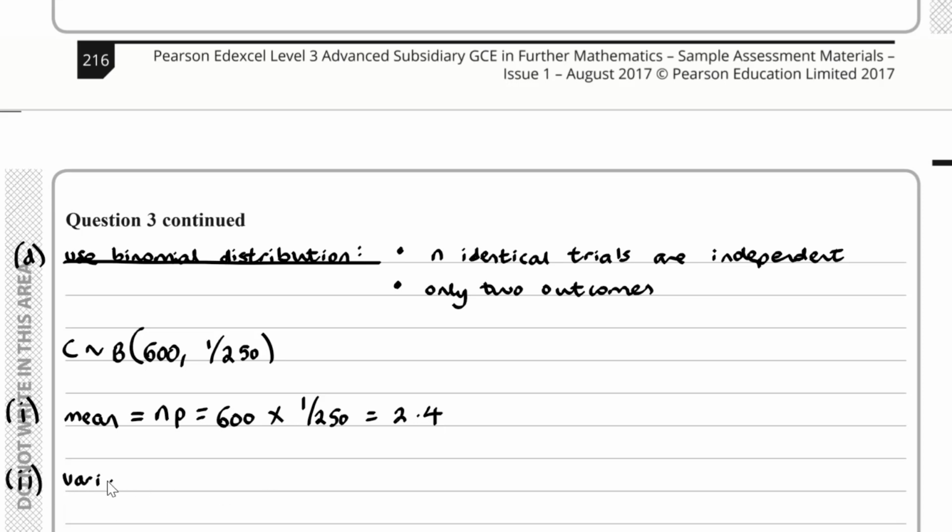the variance is equal to NP times 1 minus P, so we have 600 times 1 over 250 times 1 minus 1 over 250.